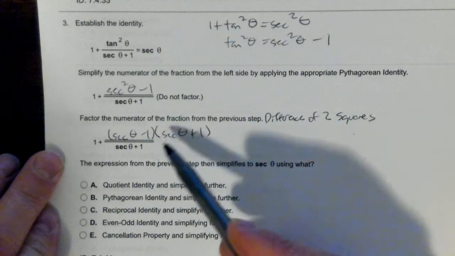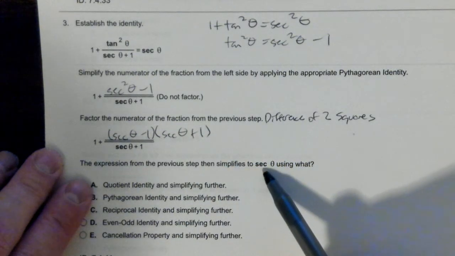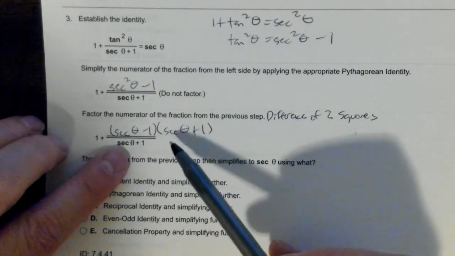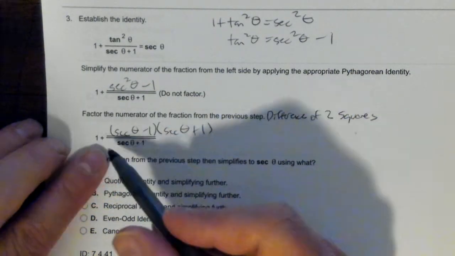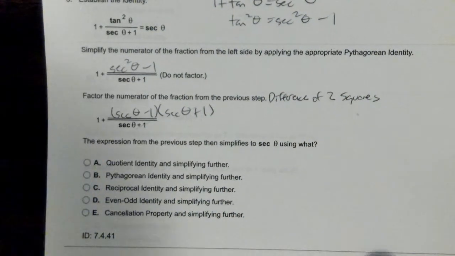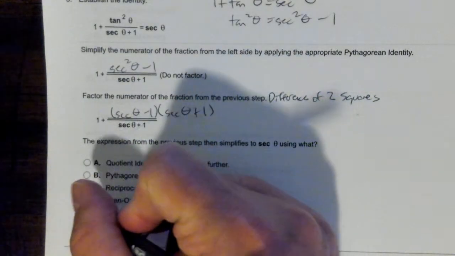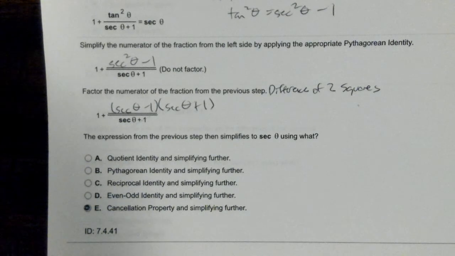And you know you're on the right track if this cancels, because it then simplifies to secant. What's happening is this cancels with this, and then you do 1 minus 1, which also cancels. And so this would be the cancellation property in simplifying further.